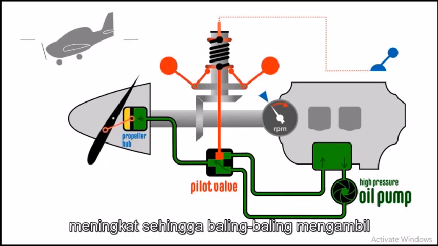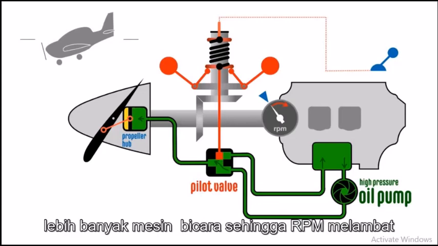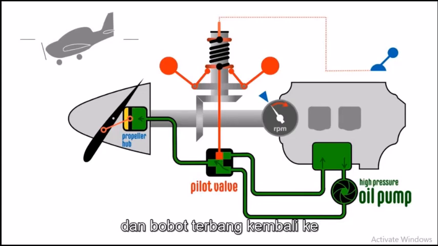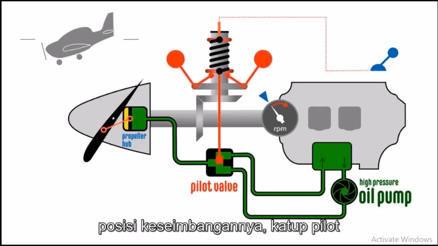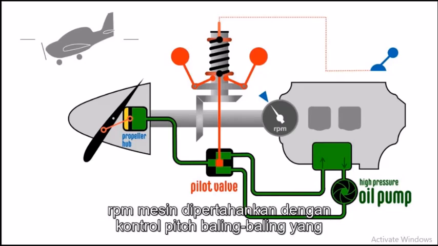The blade angle increases so that the propeller takes a bigger bite of the air. This requires more engine torque, so the RPM slows down and the flyweights move back to their equilibrium position. The pilot valve closes and the blade angle and engine RPM is maintained.